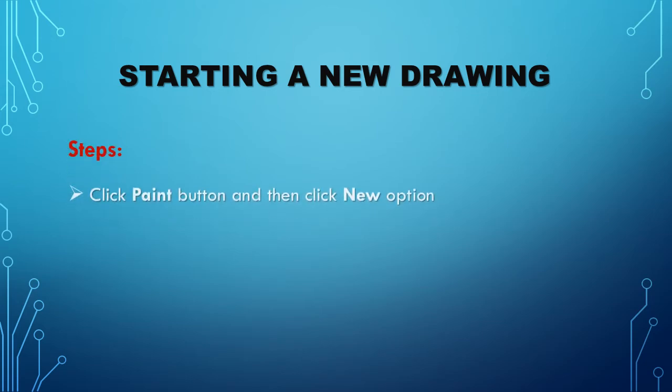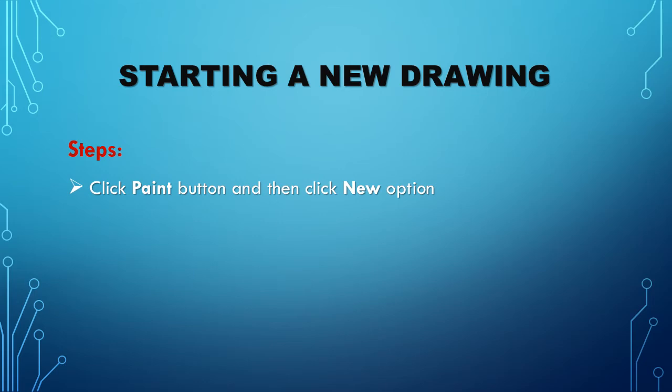First, you need to click the Paint button and then click the New option. When you click the Paint button, some options will be visible, right? In that we have seen the Save option. Now we are choosing the New option to draw a new drawing. Here you just click the New option.